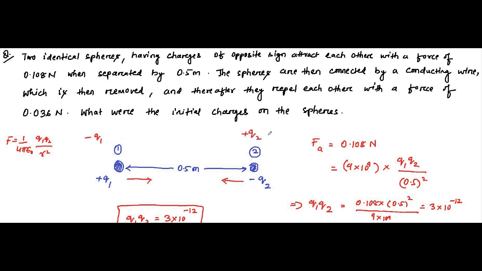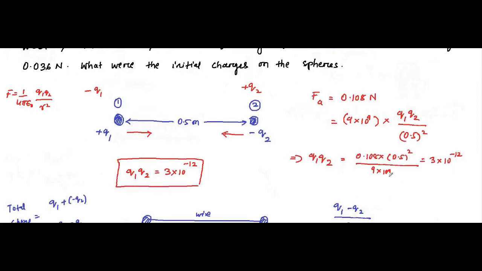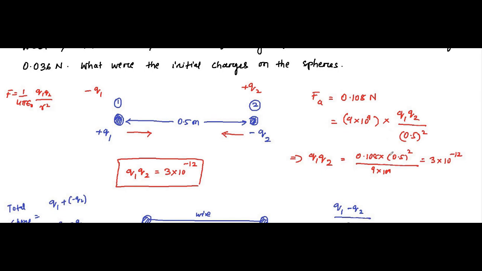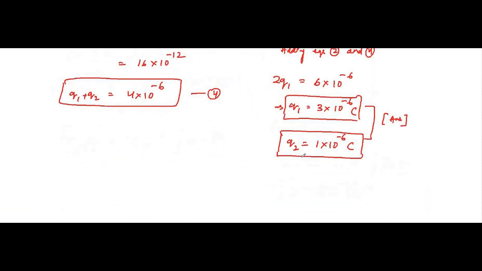But here we are only concerned with the magnitude, not the sign. That's why I deliberately did not include the sign here. It does not matter which charge is which. Opposite sign means if this is negative, the other will be positive, and if this is positive, it will be negative. As here we have considered plus Q1 minus Q2, Q2 will be minus 10 to the power minus 6 coulomb.